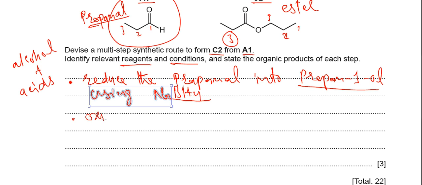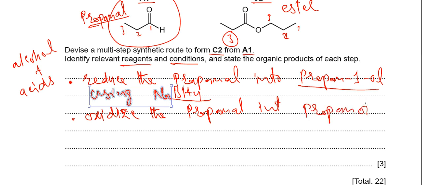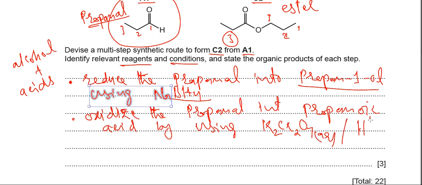Now oxidize the propanol into propanoic acid by using potassium dichromate, K2Cr2O7 aqueous and acidified, so H+ ions. This is the reagent and condition, and this is the product.